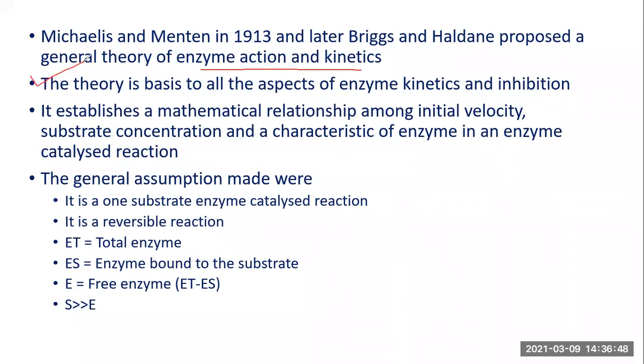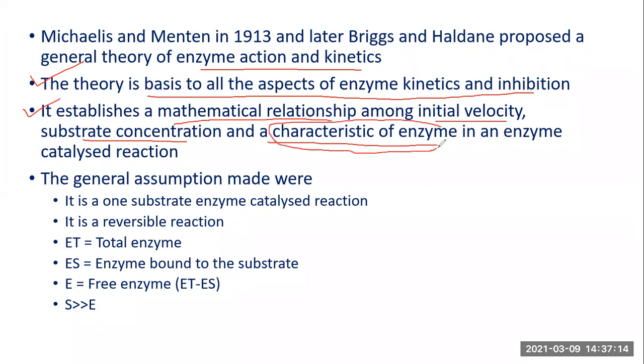This theory is considered basic to all aspects of enzyme kinetics and inhibition, even today. What does it do? It establishes a mathematical relationship among initial velocity, substrate concentration, and a characteristic of the enzyme in an enzyme catalyzed reaction. That characteristic of the enzyme is called the Michaelis constant, Km.